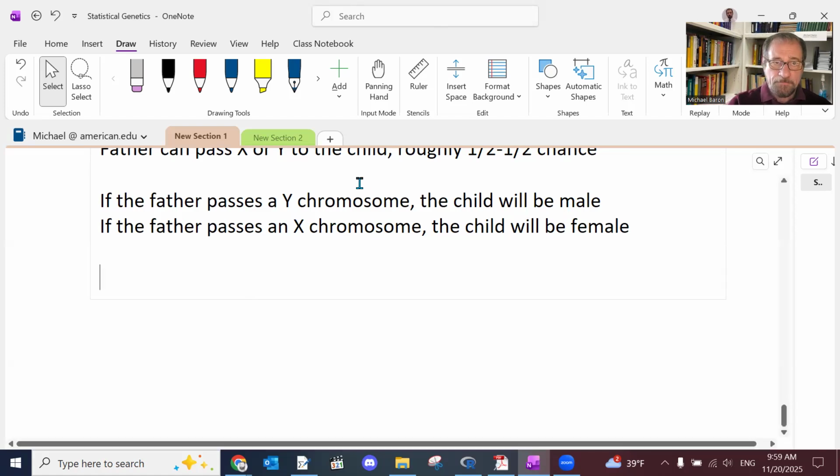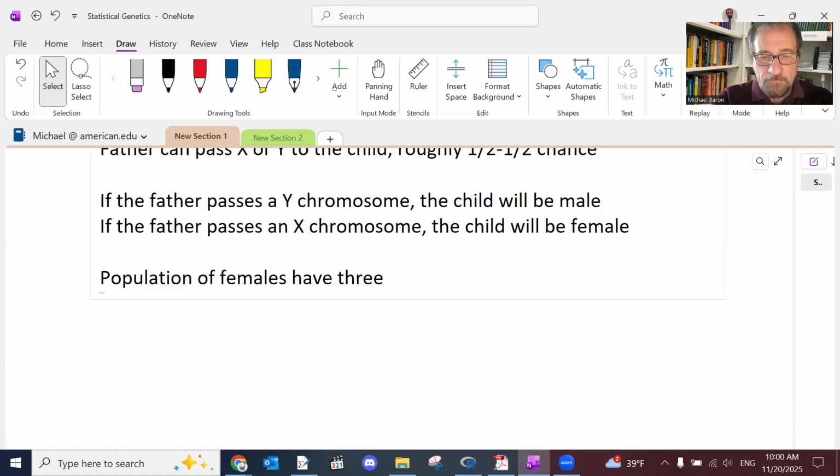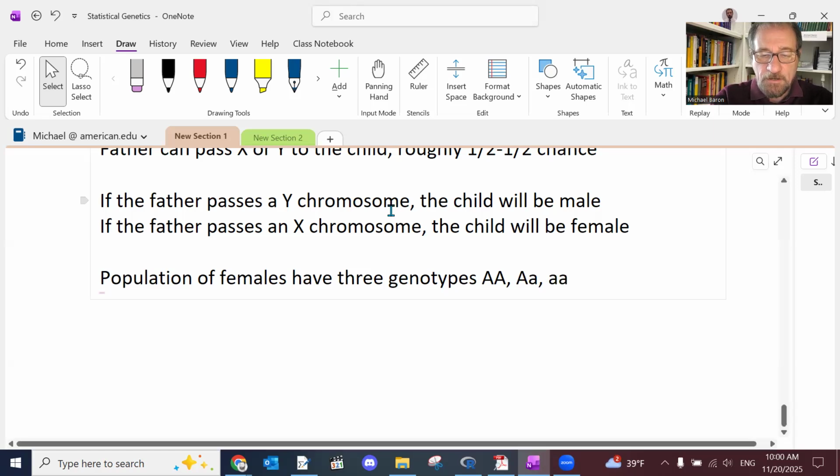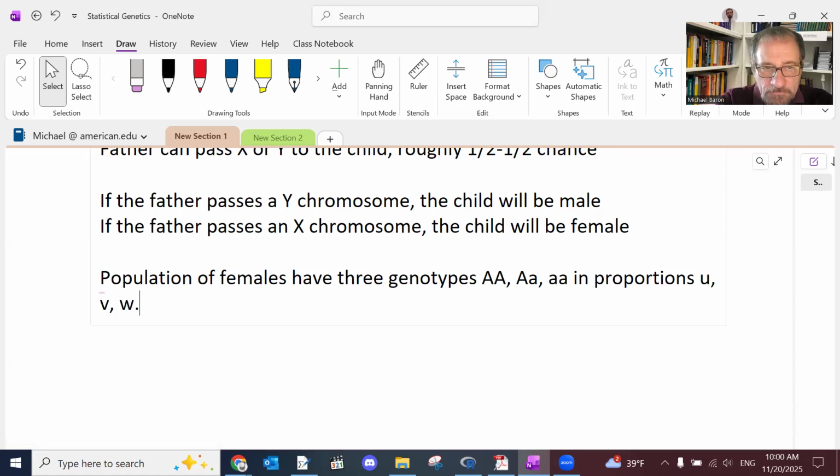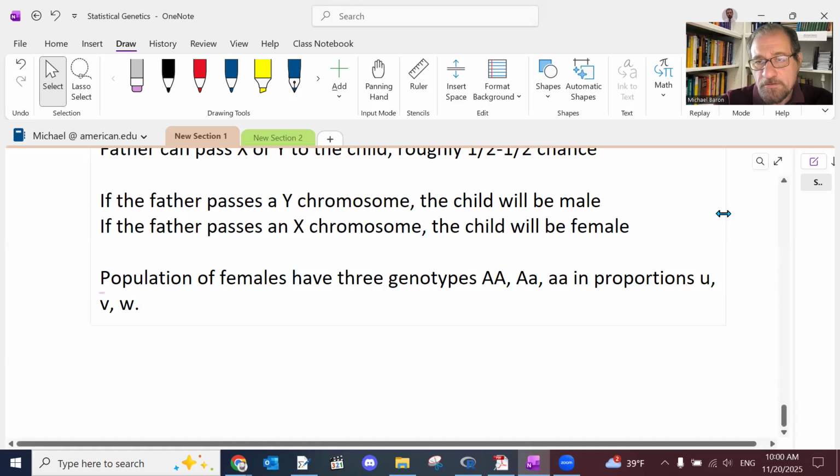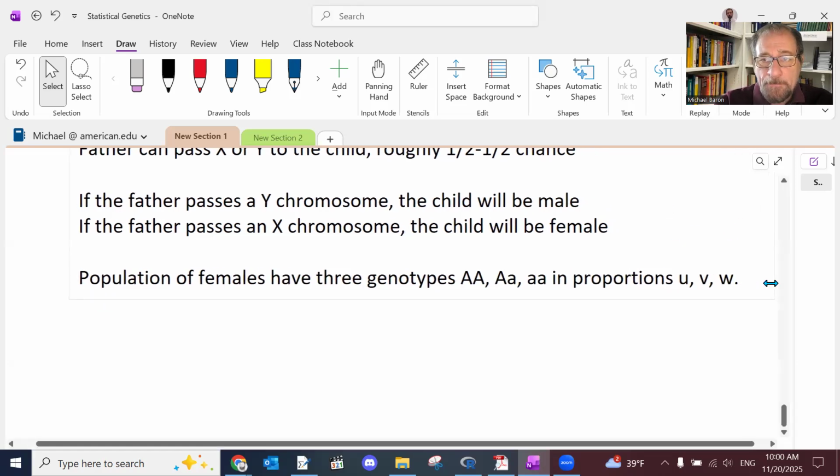The population of females have all three genotypes, AA, heterozygote, recessive homozygote, in proportions, again, U, V, W.